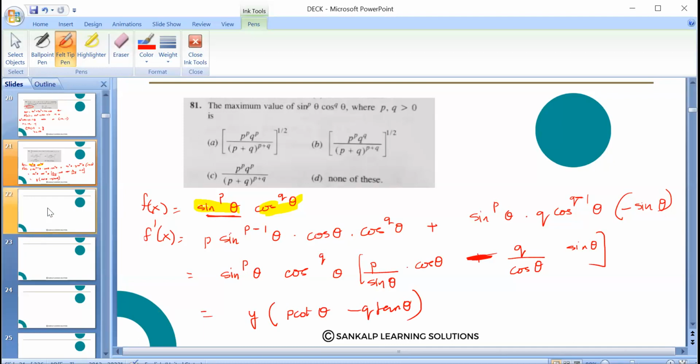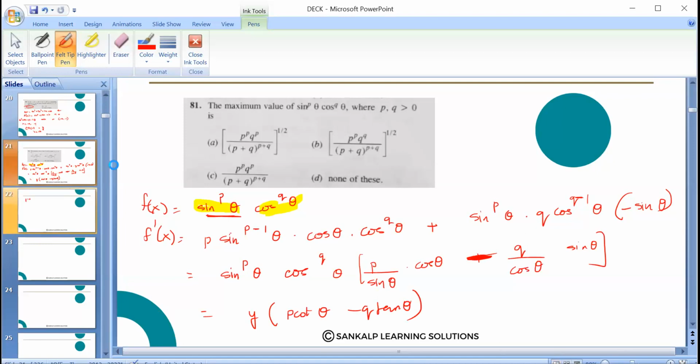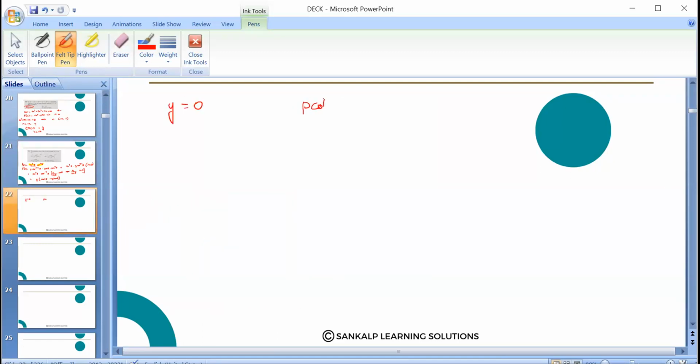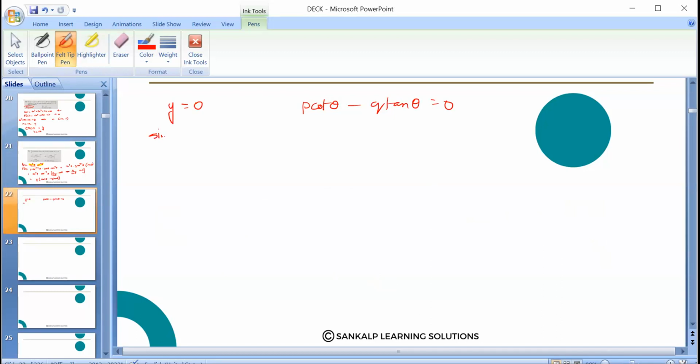So for turning points, either y must be 0 or P cot theta minus Q tan theta must be 0. Y means what? Sine power P theta, cos power Q theta should be 0. So theta must be either 0 or pi by 2.